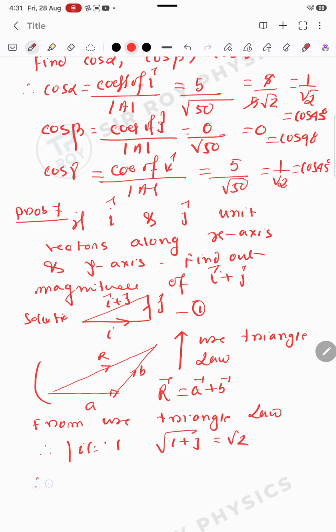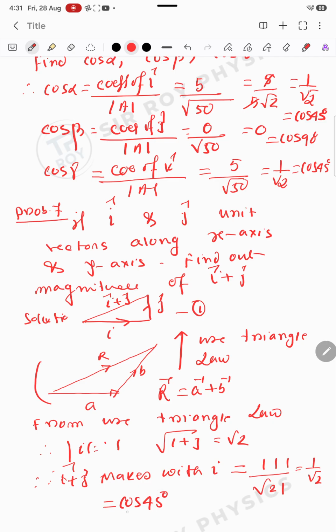So angle i plus j makes angle with i equal to 1 by root 2, that is equal to 1 by root 2, cos 45 degree.